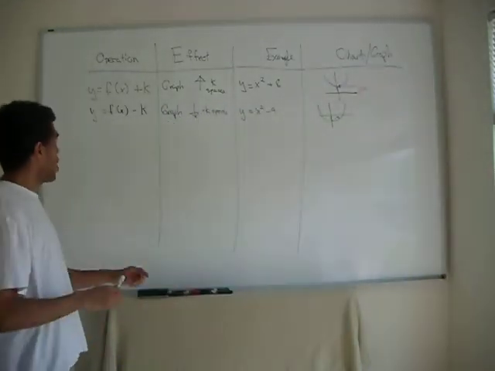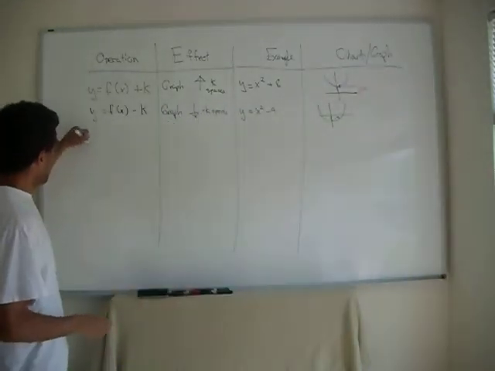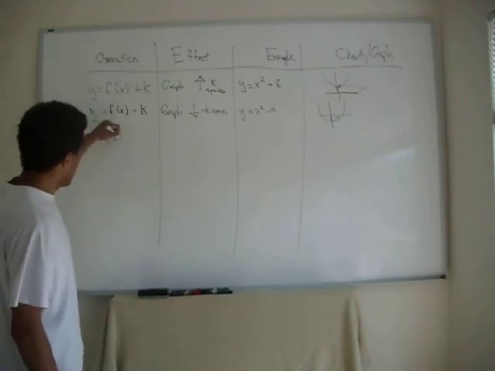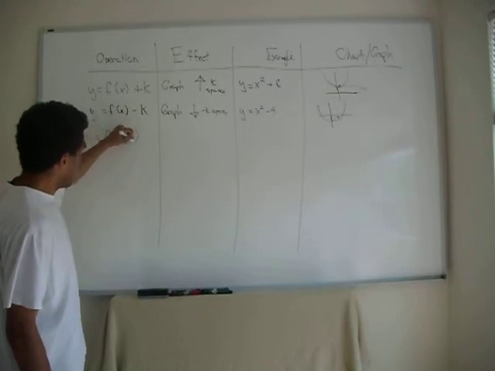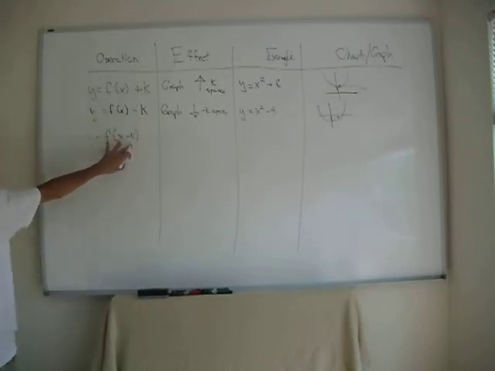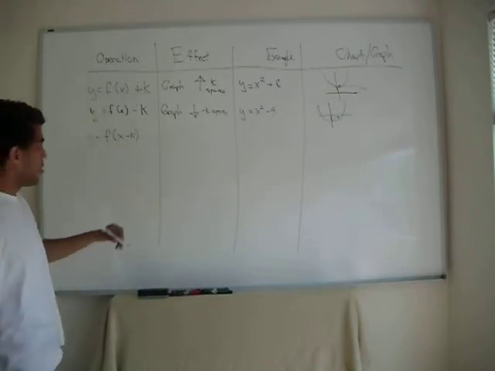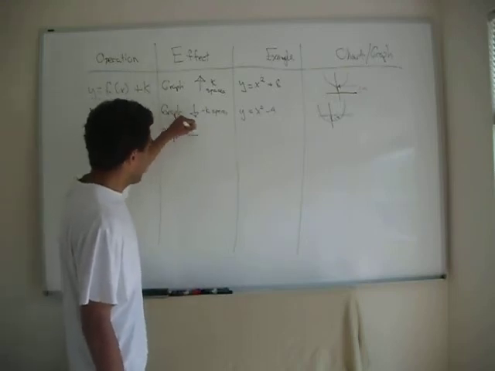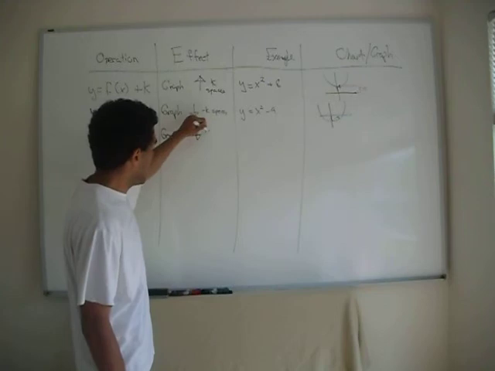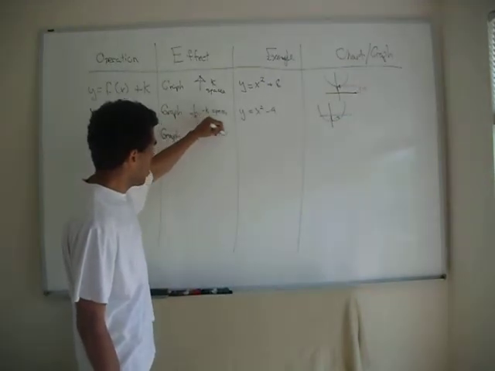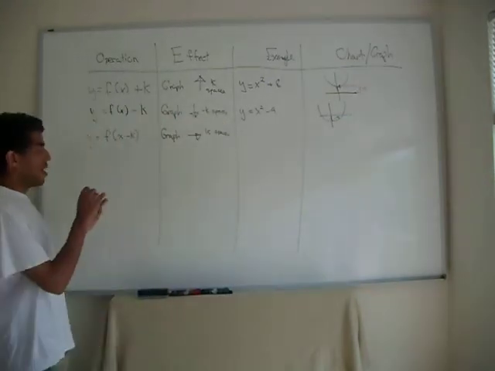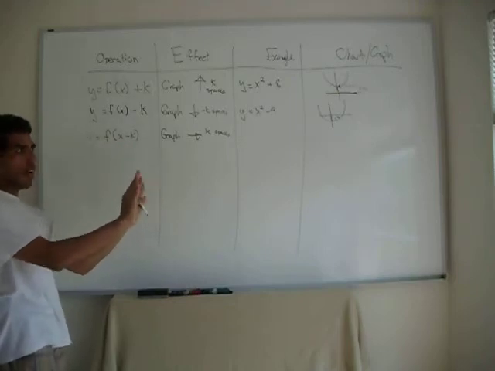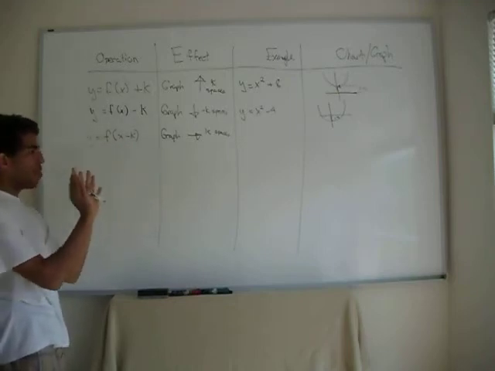Third, what happens if we have y equals f(x minus k)? Notice the difference. This time the operation is inside the function. Well, in this case, the graph moves to the right k spaces. Again, remember that the fact that it's minus means that it pushes the graph to the right side. The cut is going to happen more to the right side.